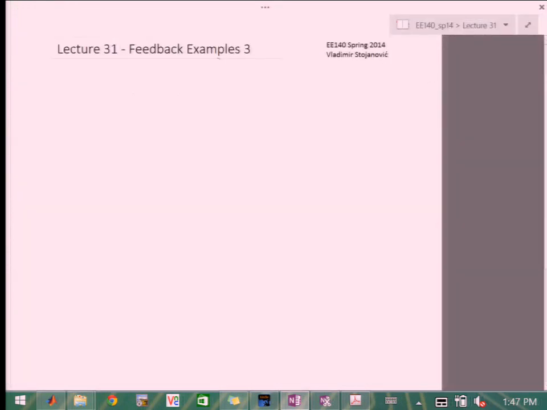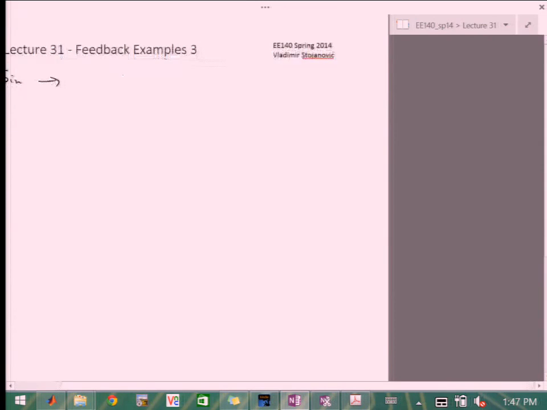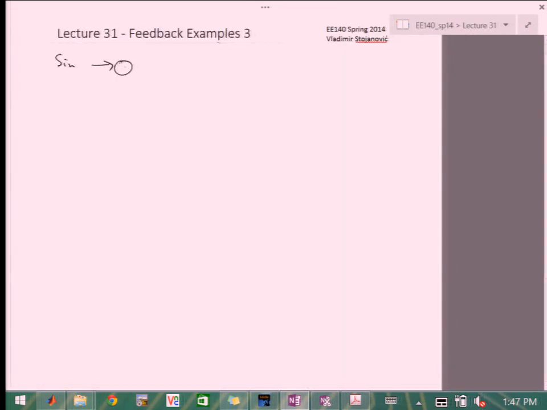let me draw just the diagram, and then I'll give you the back of the envelope. What this really boils down to: we have S in, we have the summation node, we have our A equivalent, or in this case A infinity times the return ratio.